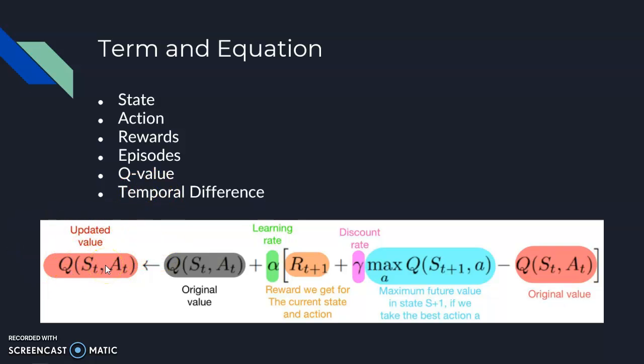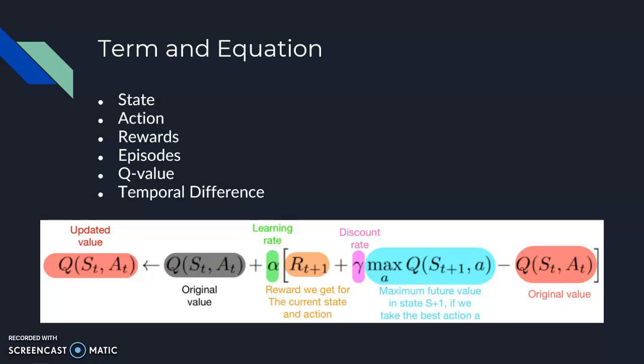The state represents the current position of an agent in an environment, and an action is what the agent takes when it is in the current condition. For the reward, the agent will receive a positive or negative value for each activity. In the episode, at the terminating state the agent can't take any action.